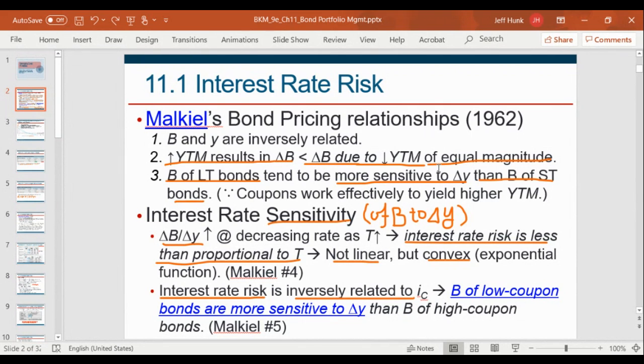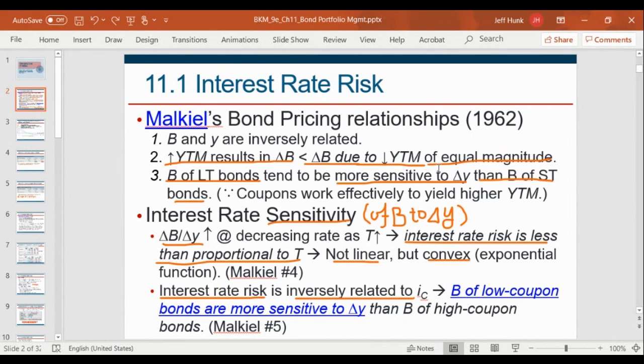Now, interest rate risk is something like inflation risk. Inflation risk and interest rate risk both come from the macroeconomic system. In other words, it's systemic. It's not specific to individual bonds or assets.